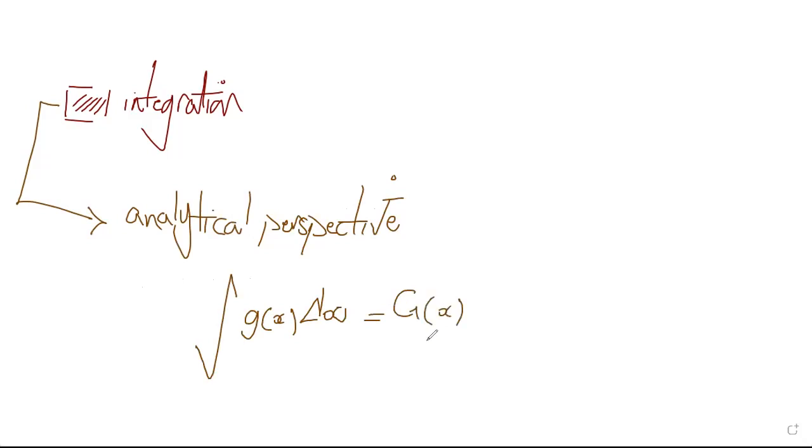Then in the analytic perspective, we said that if the variation happens with respect to x on the integration, we can say that d over dx of G of x becomes g of x. And essentially that was a kind of an anti-derivative of the function.